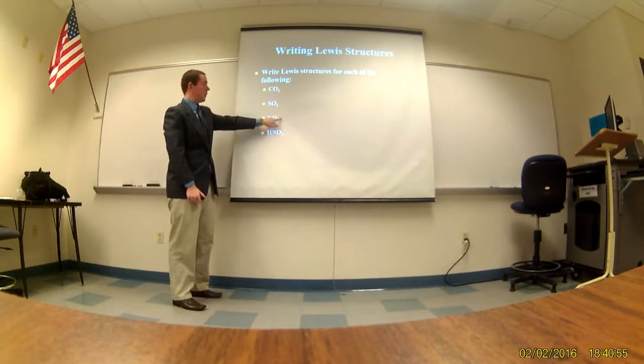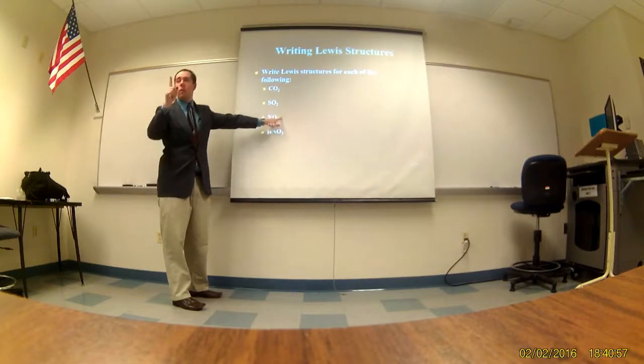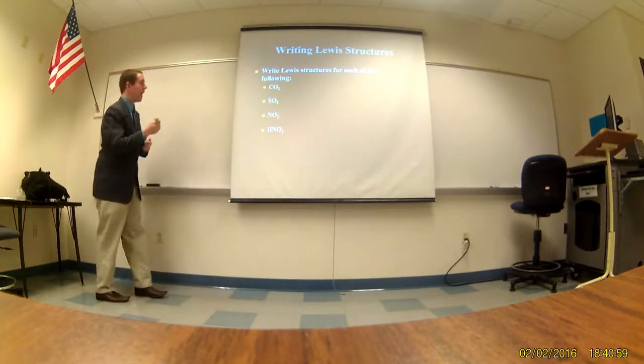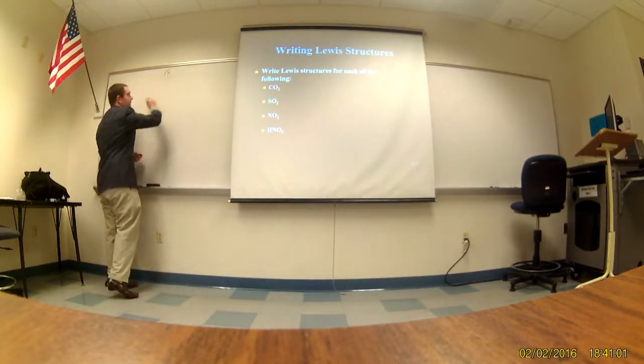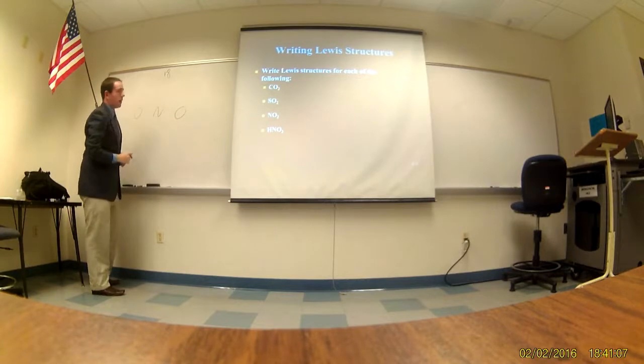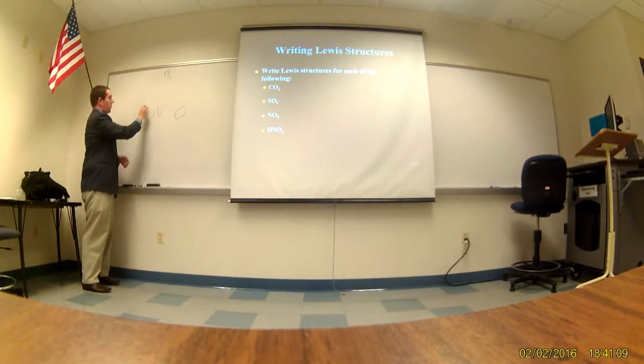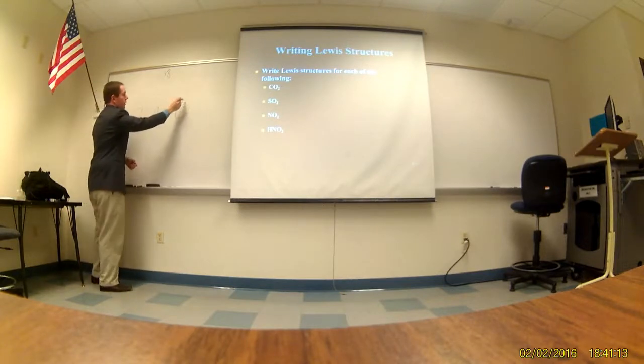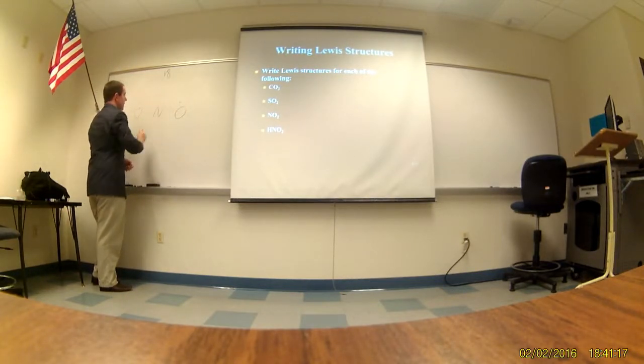What do I do with the negative? You add 1. I add 1. So again, I have 18. And again, I'm going to have nitrogen, oxygen, oxygen. I'll go 1, 2, 3, 4, 5, 6, 7, 8, 9, 10, 11, 12, 13, 14, 15, 16, 17, 18.